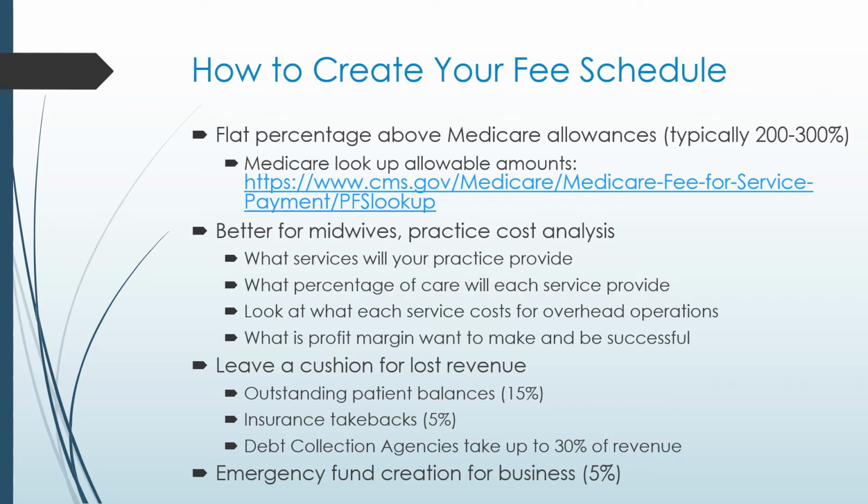If you send it to a debt collection agency, they take a high percentage of whatever is collected. So it's a good idea to have an emergency account, especially with the highs and lows and unpredictability of starting a new practice. So it's better to have your fee schedule on the higher conservative end than the lower conservative end, and then just make sure you're keeping an eye on it closely.